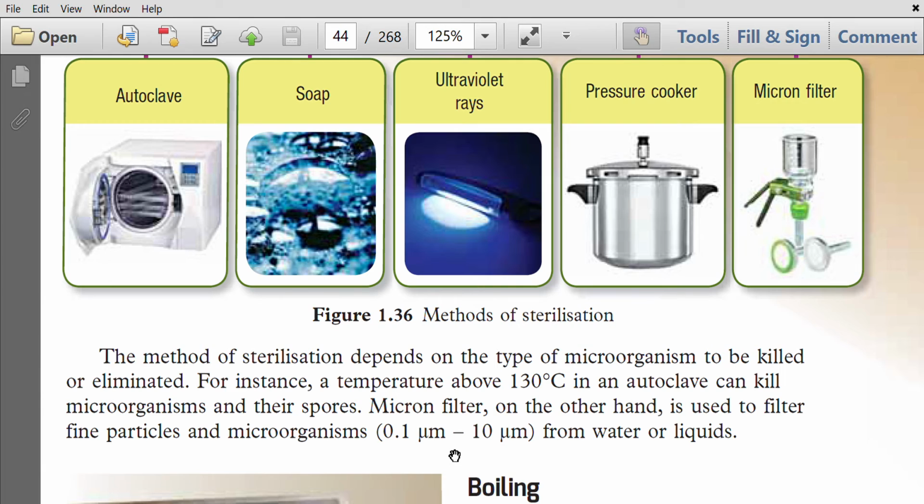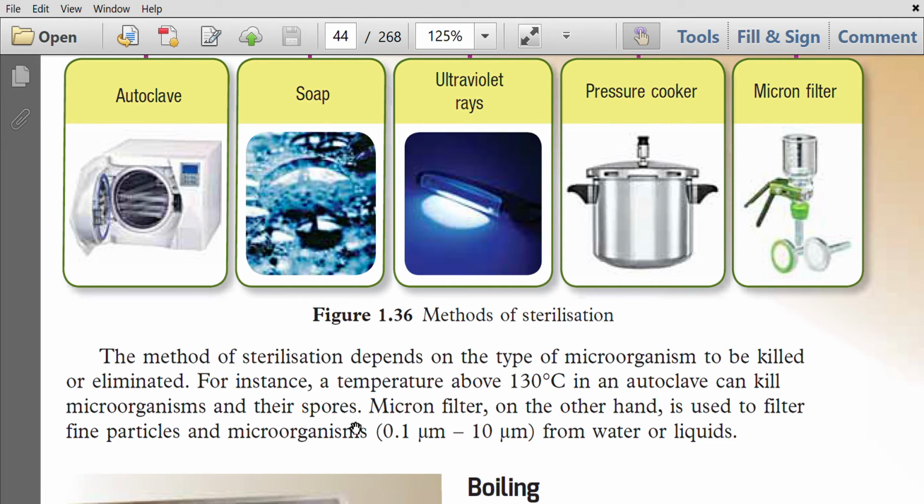What are the temperatures being used? The method of sterilization depends on the type of microorganisms to be killed or eliminated. For instance, a temperature above 130 degrees Celsius in an autoclave, this machine, can kill microorganisms and their spores.